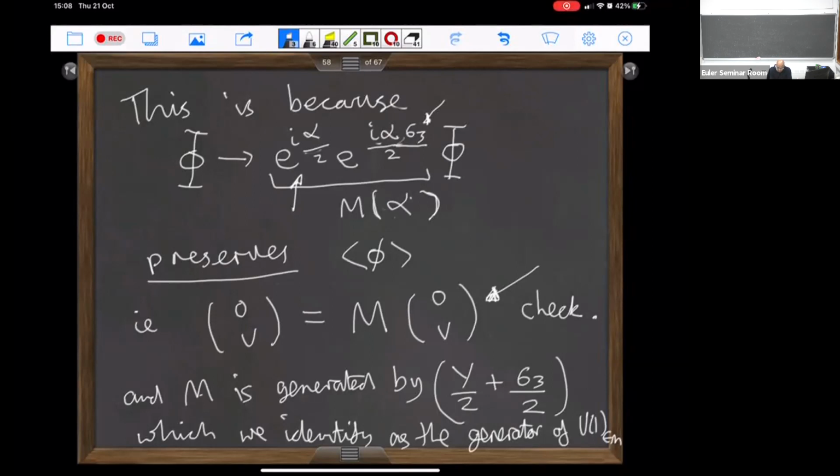So the point is that there's a cancellation in the bottom component, and this matrix M becomes just upper triangular. Well, it has a 1 in the bottom right-hand corner, as you can easily check. So in other words, M is generated by the hypercharge of the Higgs field, which is 1 in this particular case, divided by 2, plus sigma 3 over 2.